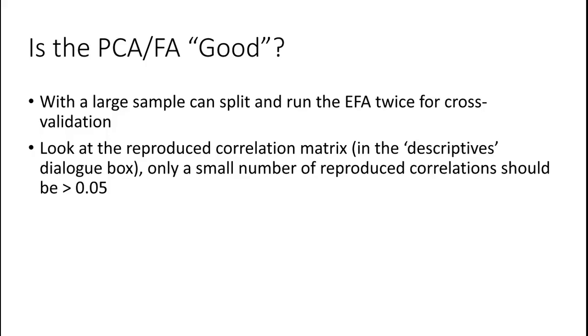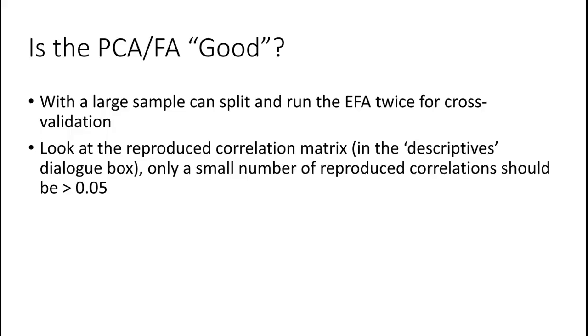And you want to see a small number of correlations that are not close to the original. In the confirmatory factor modeling, this is a much more specific approach to asking the question of model fit, which is, to what extent did my factor model reproduce the original pattern of the variance covariances or the correlations between the items?